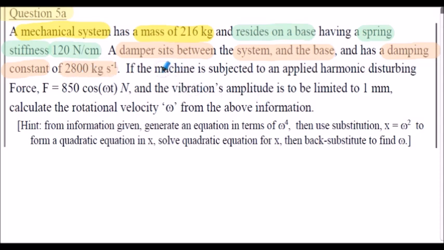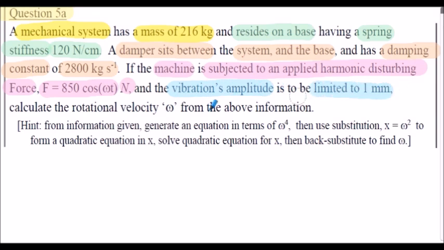If the machine is subjected to an applied harmonic disturbing force, F is equal to 850 multiplied by cos omega t in newtons, and the vibration's amplitude is limited to 1 millimeter, we've got to calculate the rotational velocity omega, given the above information.